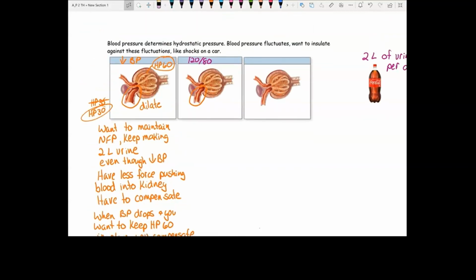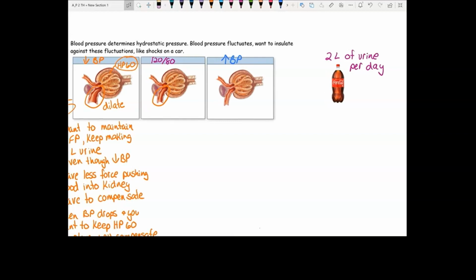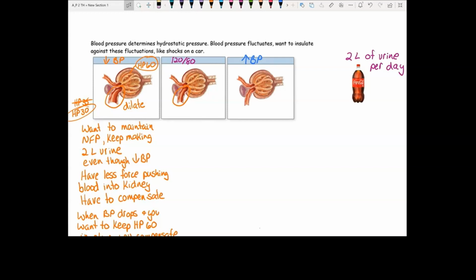Now let's look at the other side. This one is showing us a high blood pressure. So the blood pressure goes up. It's above the 120/80. But still, we want to keep that 2 liters of urine per day. So in here, you have an increase in blood pressure. Remember before we said you would have an HP of 35.